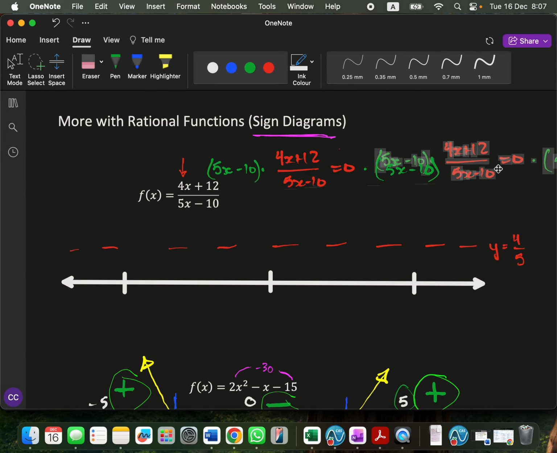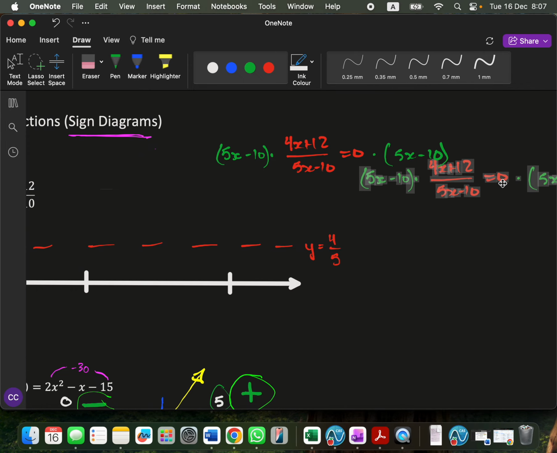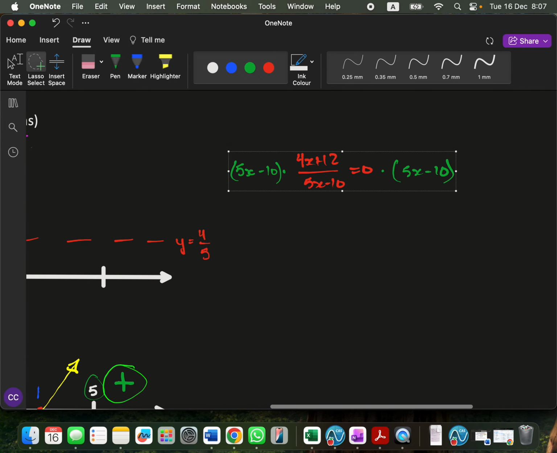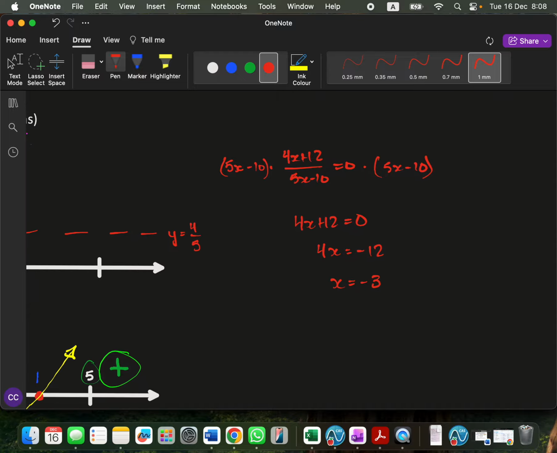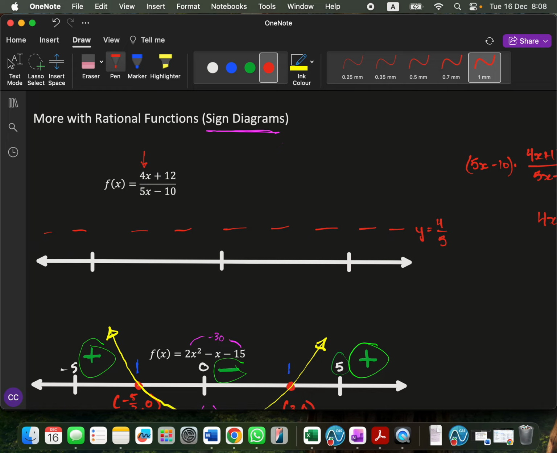Sorry, I'm just going to do this work a little bit over here so I got some more space. All right, so that's going to give me 4x plus 12 is 0. So 4x equals negative 12, and x equals negative 3. So I know that this rational function, if I label this as my 0, my negative 5, and my 5, crosses the x-axis at negative 3, 0.